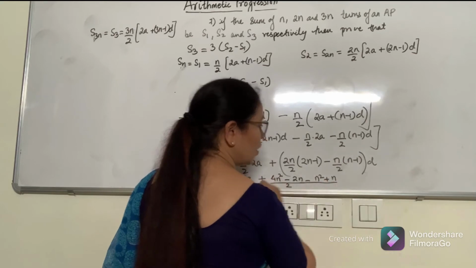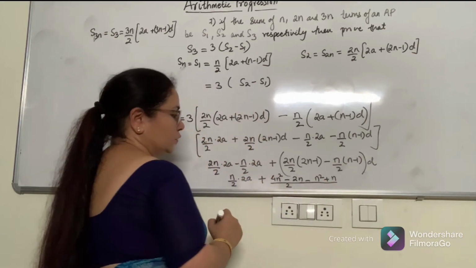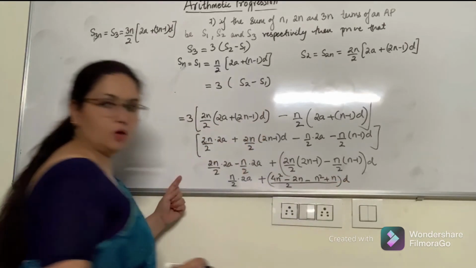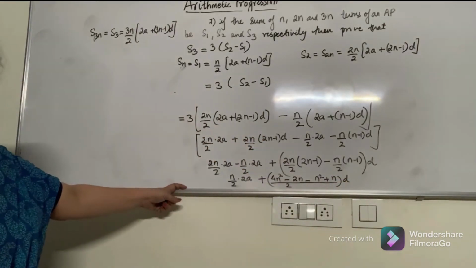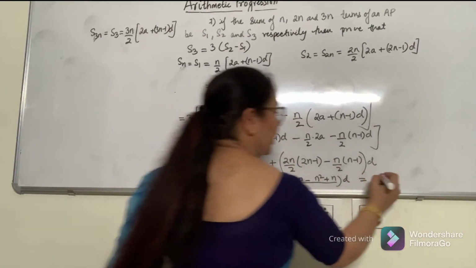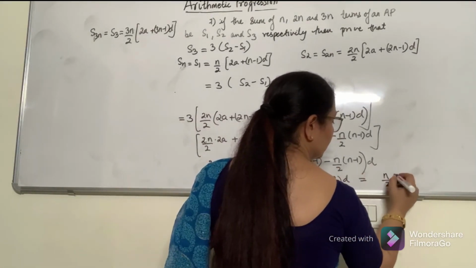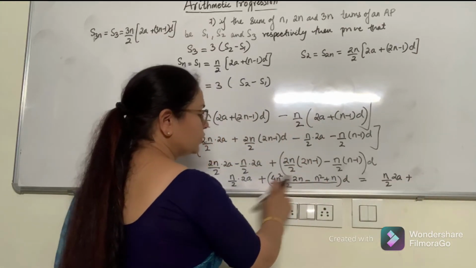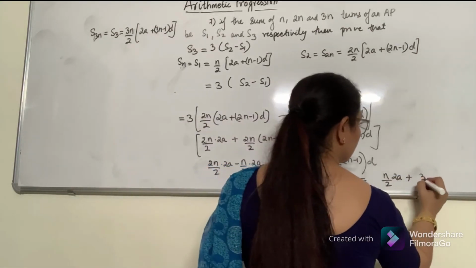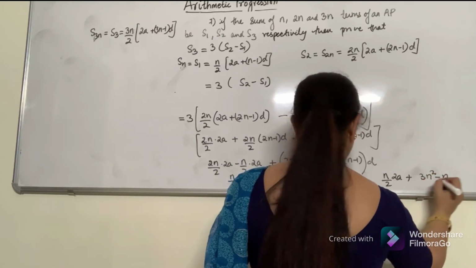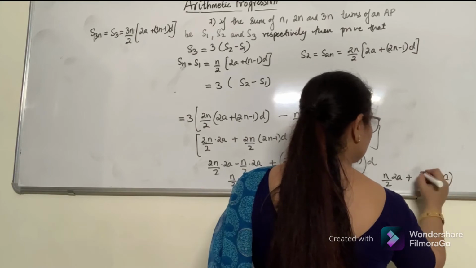And this 2 is common. So on solving this, that equals n by 2 2a plus 4n square minus n square is 3n square minus n divided by 2 into d.